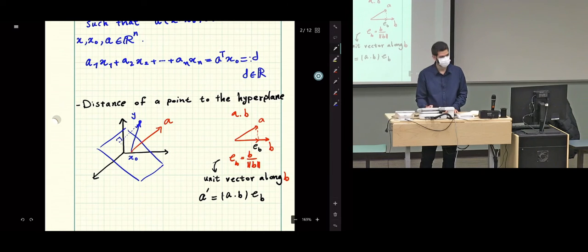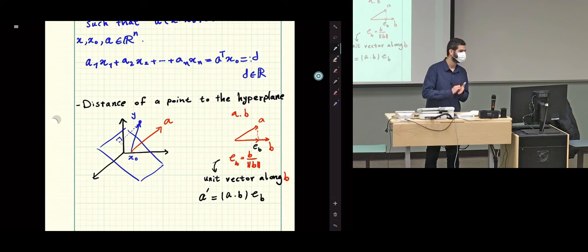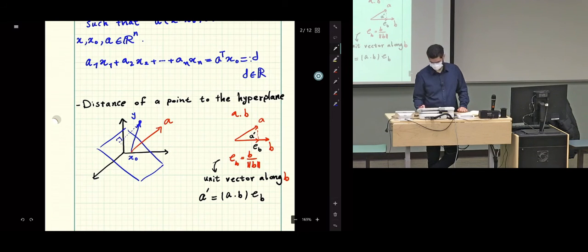Not the best choice of notation. Now A dot B is the magnitude of vector A. It's the strength of vector A along vector B. In physics, we use that a lot because it has physical meaning for us. But it makes sense in Rn too. So A dot B is the magnitude, and we'll get A prime.